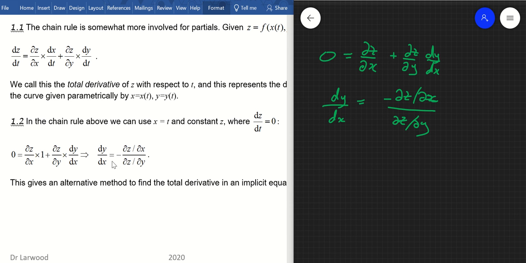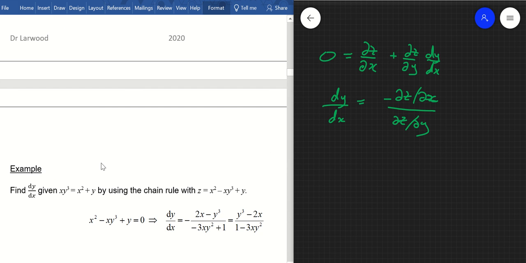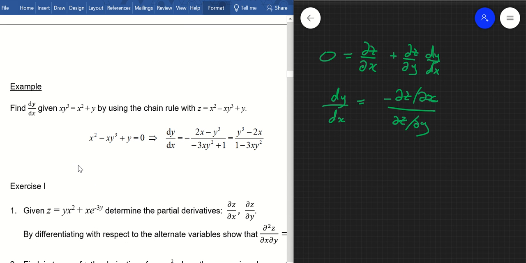So that actually gives us a way to get dy by dx in an implicit equation. Let me show you how we apply that. Here's an example. Let's say we've got x y cubed is x squared plus y. How can we do that? Well, we can make a 0 on one side: x squared minus xy cubed plus y.